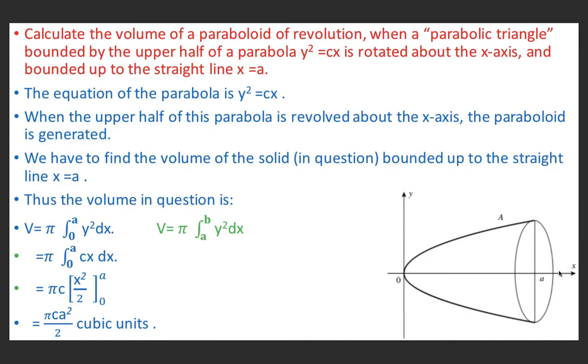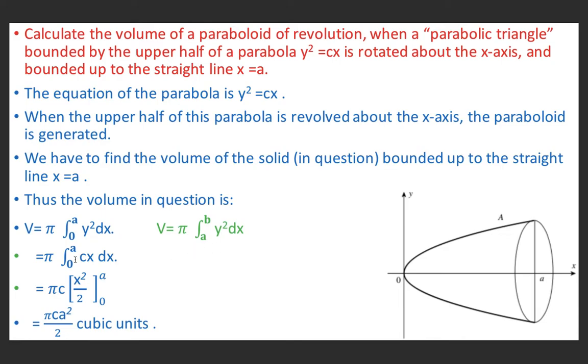Now we have to find the volume of the solid bounded by the straight line x equal to a. This is the line x equal to a. Thus the volume in the question is V equal to pi integral from 0 to a, because this is the point 0, 0 and this is the point a, 0, of y square dx.